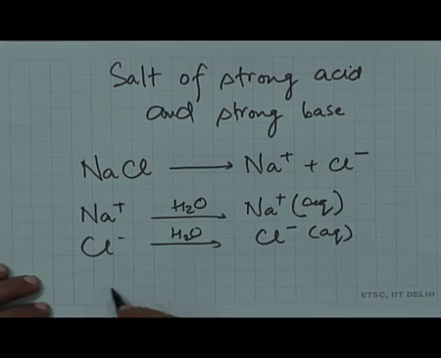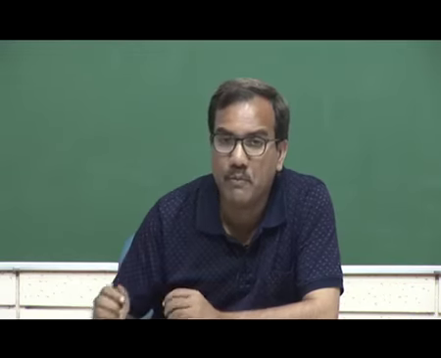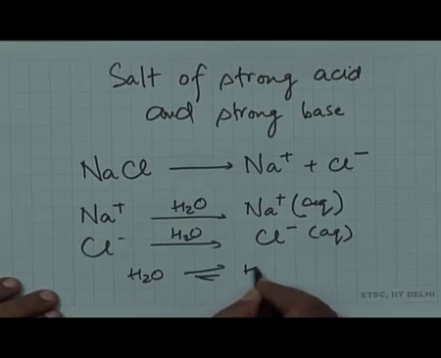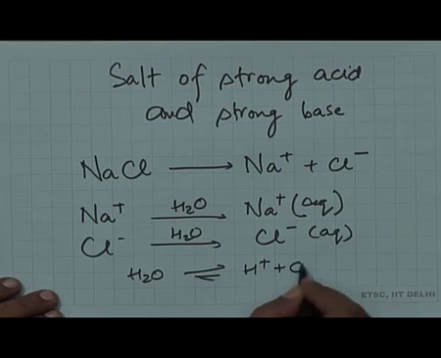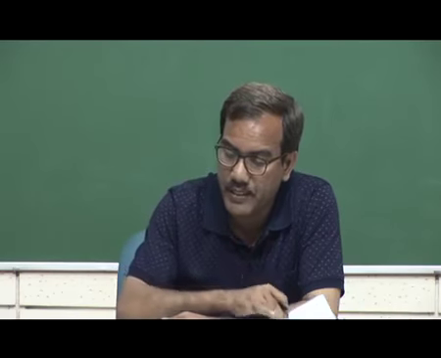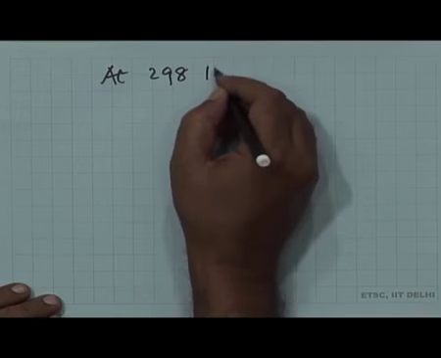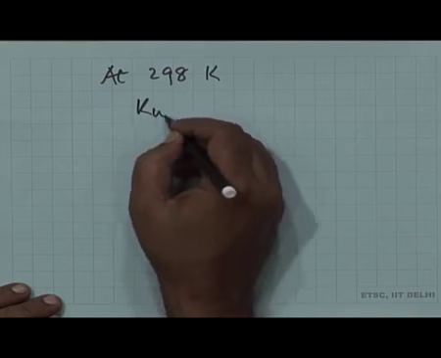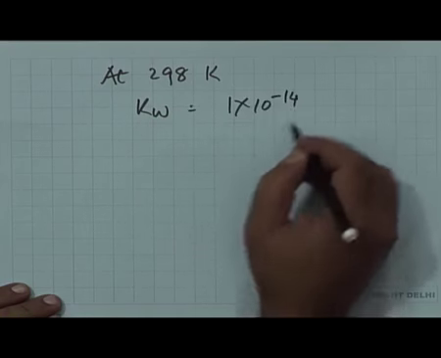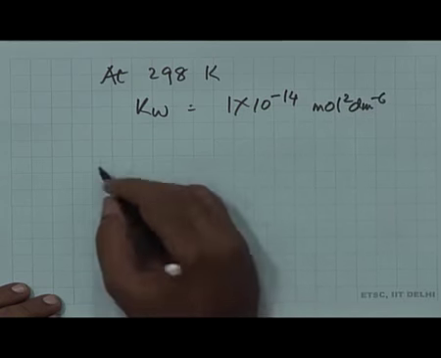So, whatever H plus ion we get in this solution will come from water. At 298 K, we know that Kw is equal to 1 into 10 to the power minus 14 mol square dm minus 6.